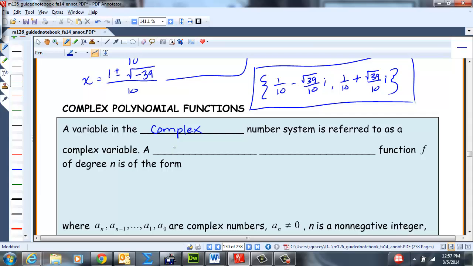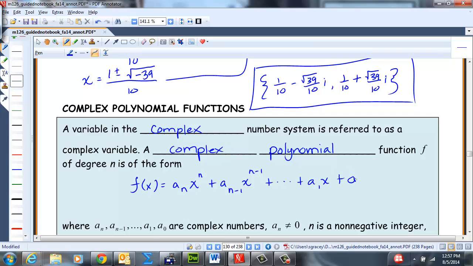A complex polynomial function f of degree n is of the form f of x equals a sub n times x to the n, plus a sub n minus 1 times x raised to the n minus 1, all the way down to a sub 1 times x to the 1, plus a sub 0.